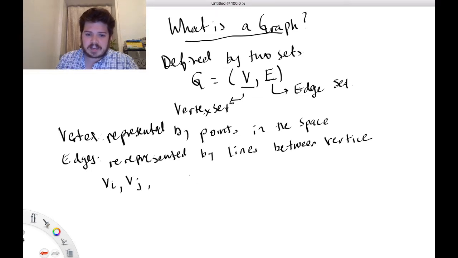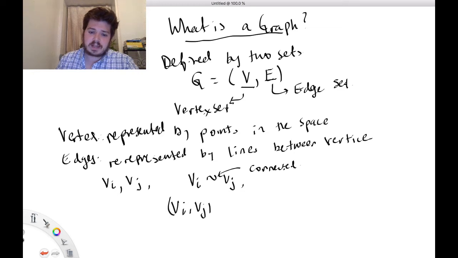Sometimes we'll say that Vi is connected to Vj by an edge. So this means connected. So Vi, Vj, the pair, that's how we'll denote edges, is in the edge set if Vi is connected to Vj.